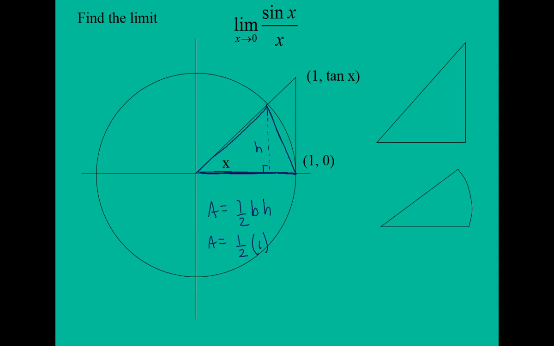And again, we could create a trig function. This time we're going to use this side of the triangle here, the hypotenuse, and this would be the opposite side. And we know the sine of an angle equals opposite over hypotenuse. And so we know the height would be the sine of x. So we have the area of the smaller triangle equals the sine of x over 2.